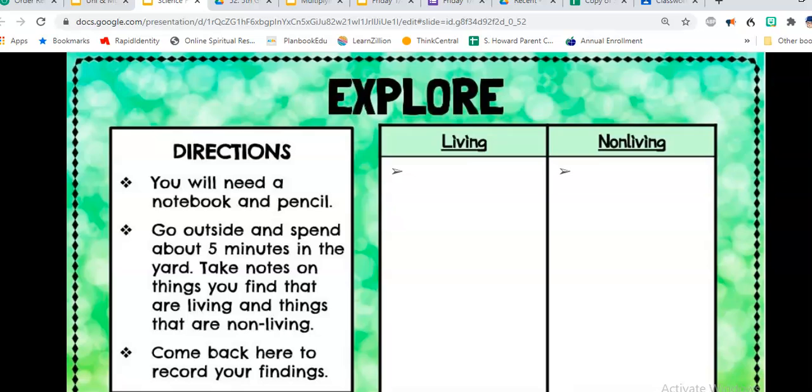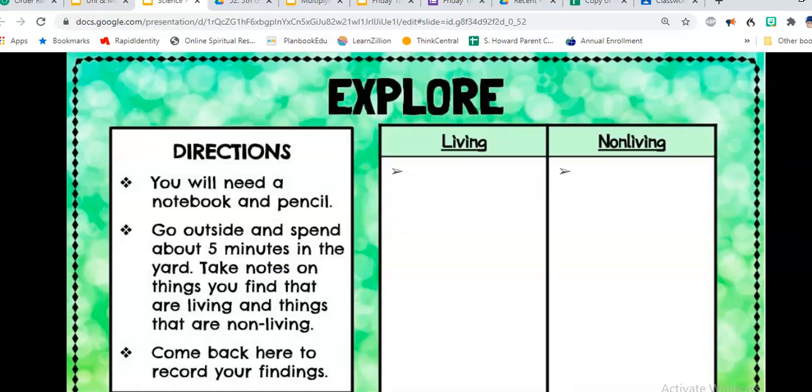So if I was to go out and look in my yard, I know that there are lots of living things and lots of non-living things. Living things are everything from the grass that's growing in the yard to any sort of insect that's out there. I can see moss growing on rocks and on trees. Non-living things, there's definitely lots of that.